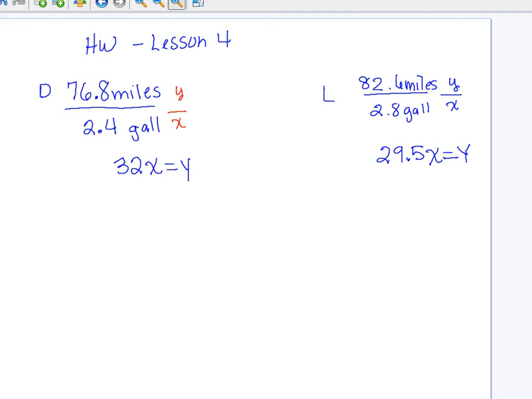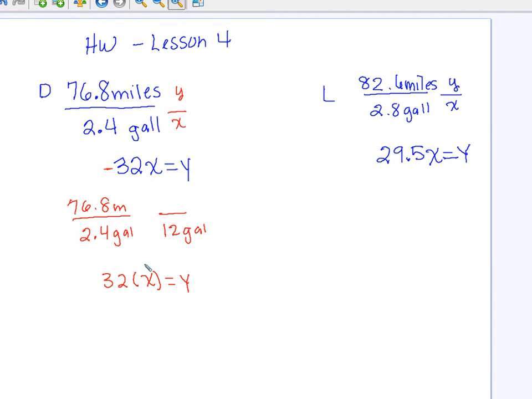B says, how far will each person drive on a full tank of gas? A full tank of gas will be 12 gallons. So you could do a couple of different things. You could take Derek's rate, the 76.8 miles, put it over 2.4 gallons and cross multiply and divide. You can figure that way. Or you could take the equation that we created, 32x.